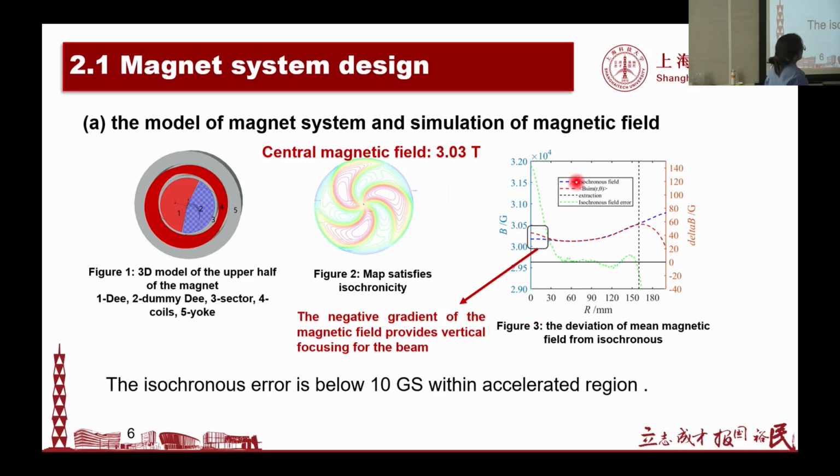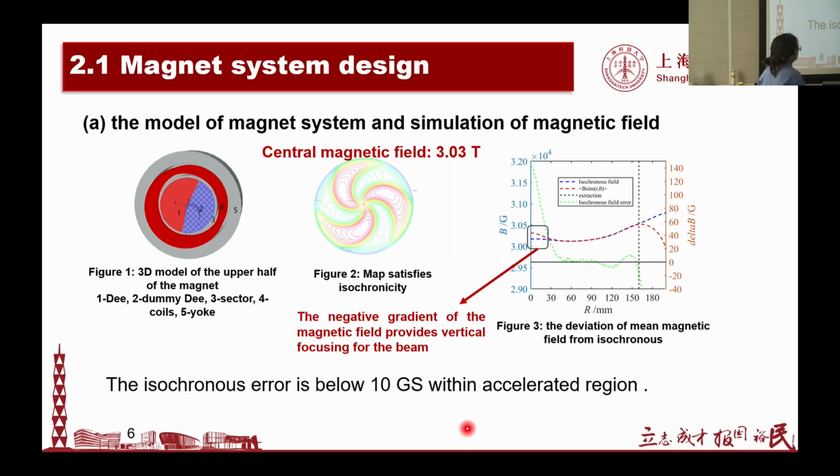Figure 3 is the deviation of the magnetic field from isochronous. The green line is the isochronous error in the map, so we can see that the isochronous error is below 10 Gauss within the acceleration region, but in this region there is a big isochronous error.